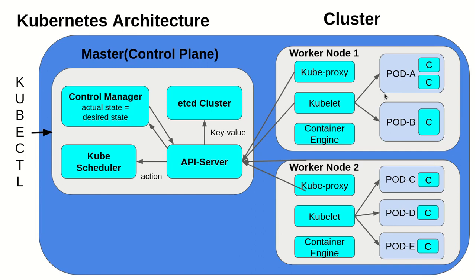Alright, so the next thing is the pod. The pod is the smallest unit of Kubernetes, in which multiple containers can be added, or one container can also be added. There are multiple types of containers. Docker has a separate kind of containers, and similarly Containerd has a separate kind of containers.